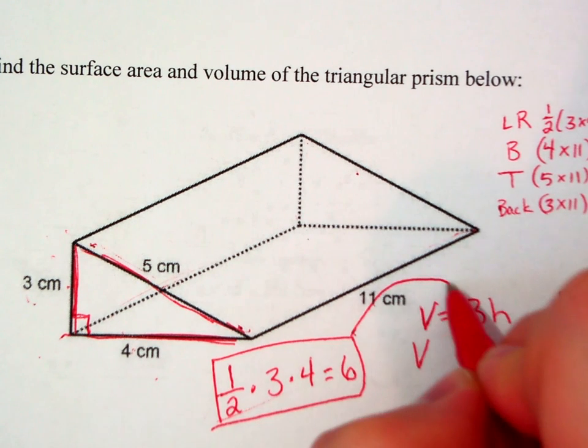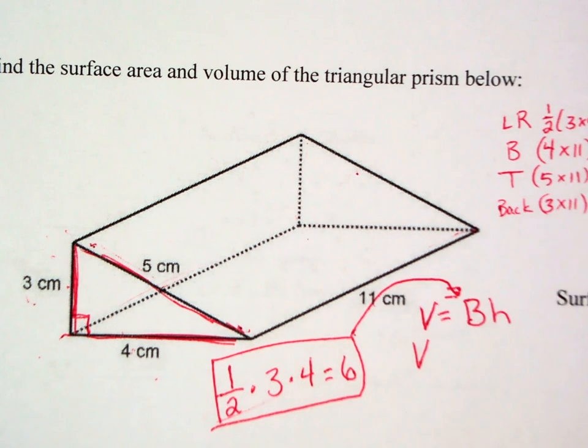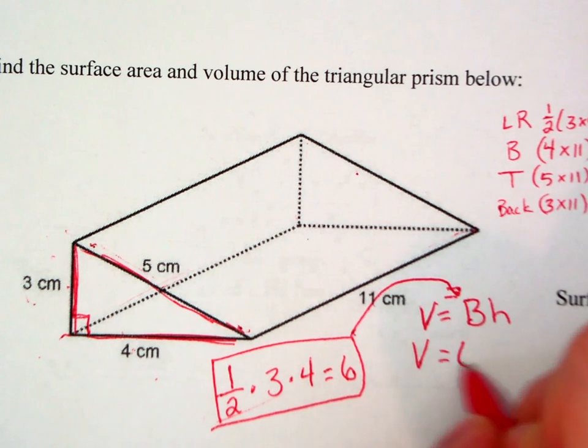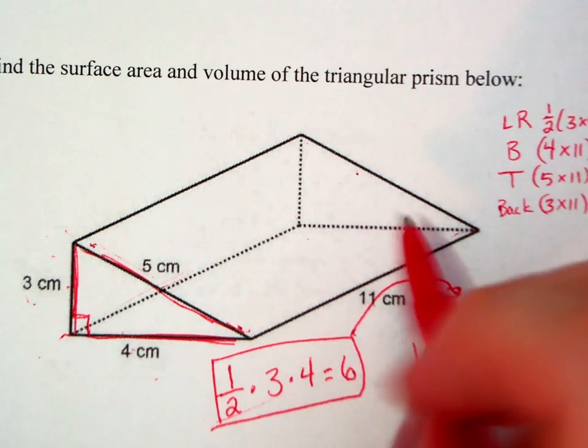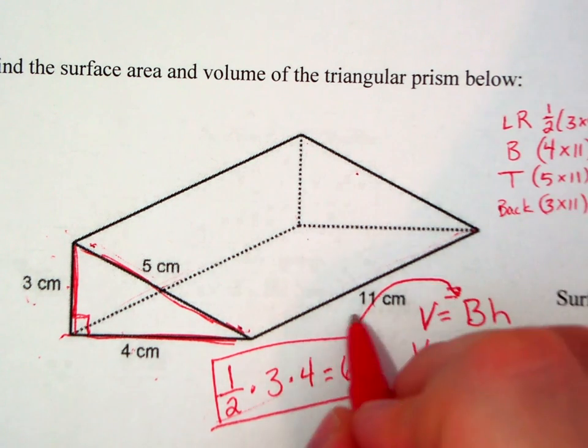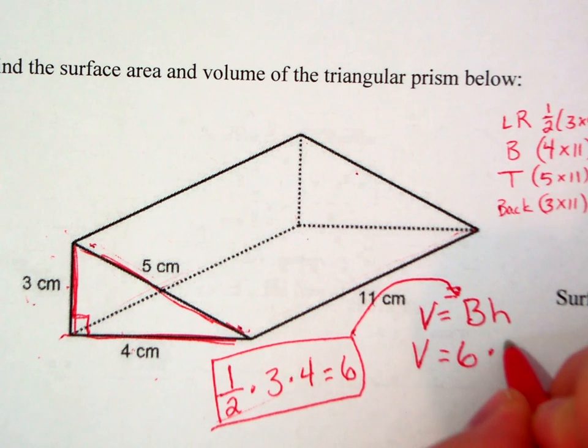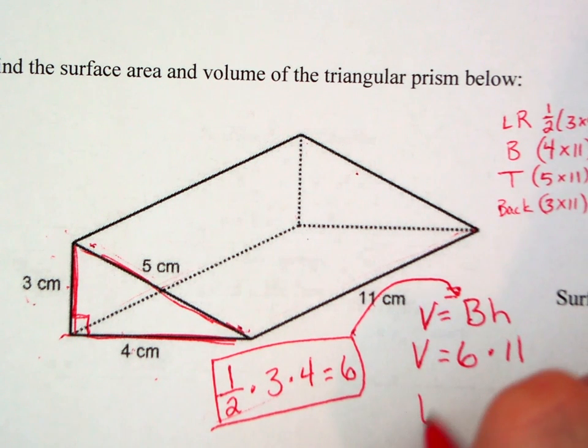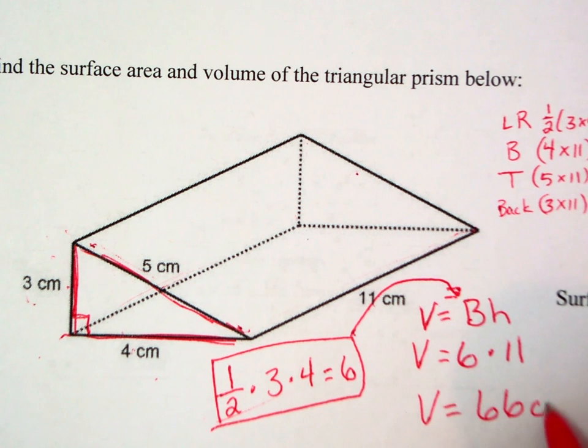So my base is 6. My height is the distance that this thing is extended into the third dimension. That's 11 centimeters. So times 11. So my volume equals 66 centimeters.